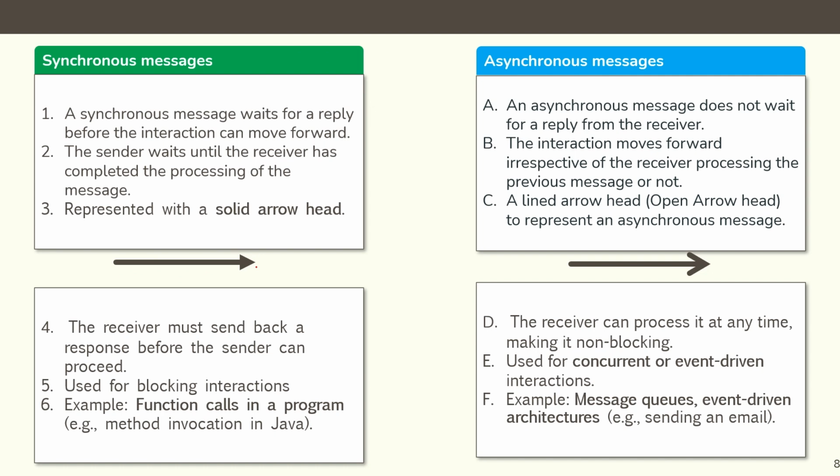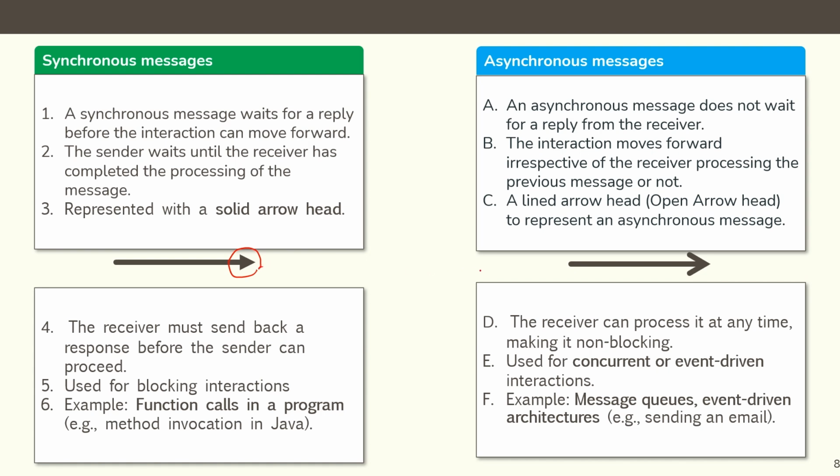So in this message, it waits for a reply before the interaction can move forward to the next message. See, this is a start, this is the end, and the sender object will wait for a response from the receiver. So the synchronous messages are all denoted by a solid arrowhead, like what you are seeing here.